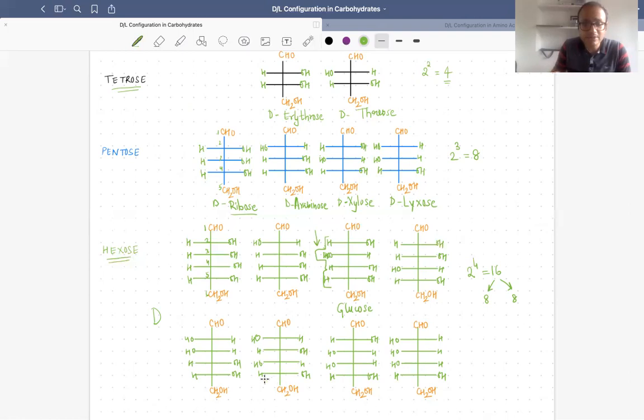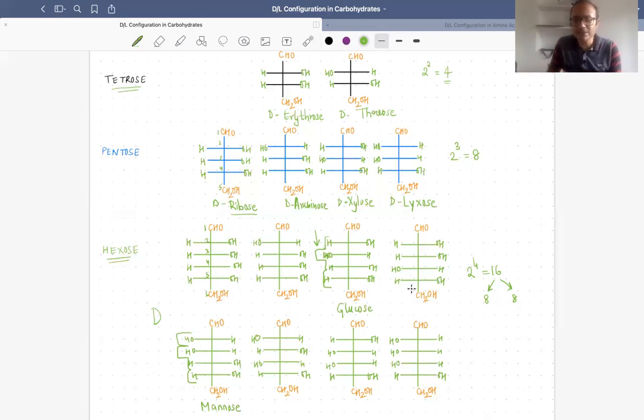Another very important thing that you can remember is mannose. Mannose is something like holding a gun. If you hold a gun something like this, so gun, man. That way you can remember this structure. So this is the mannose structure.